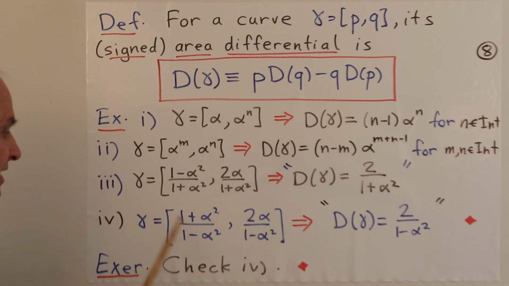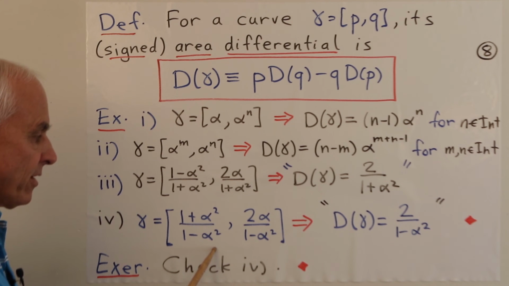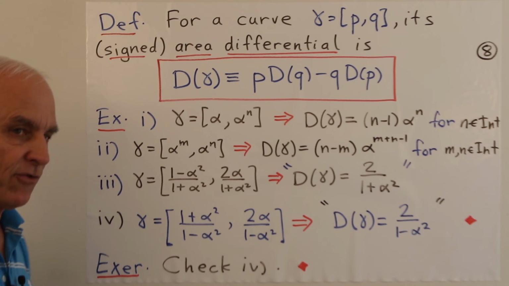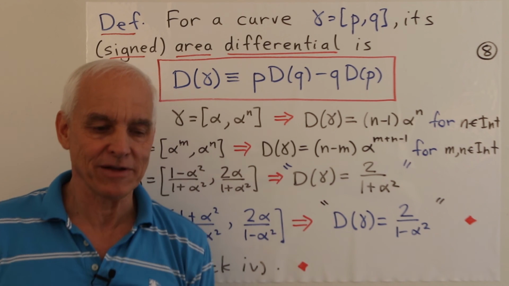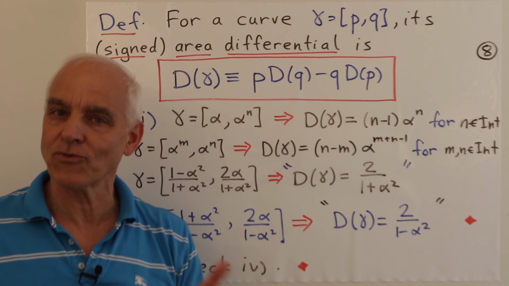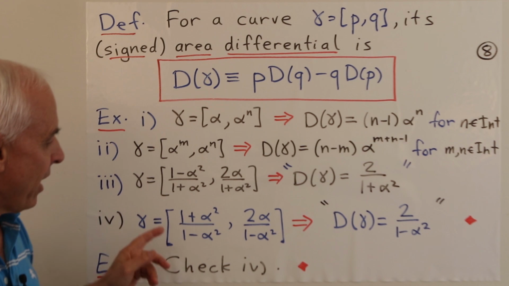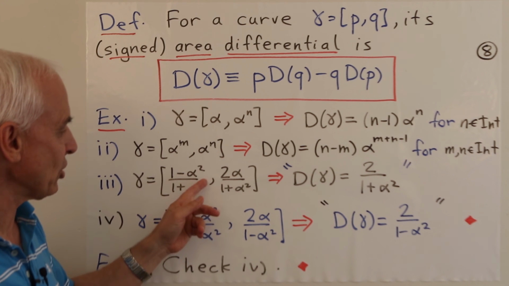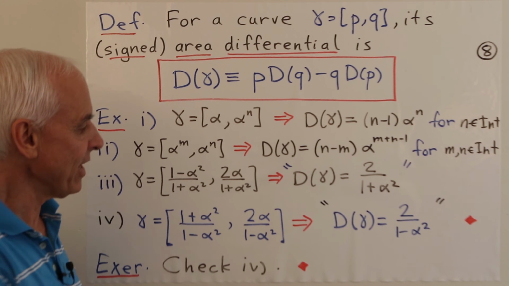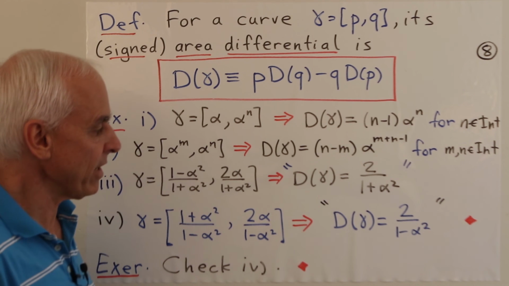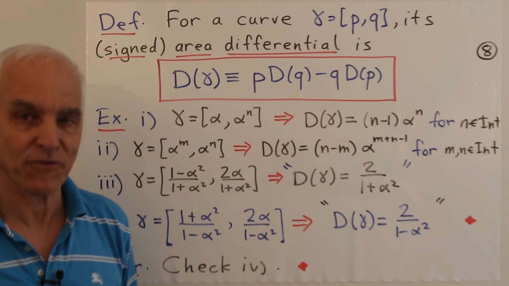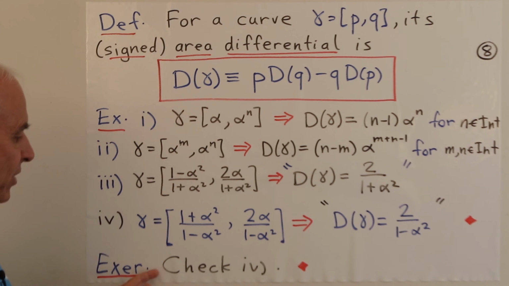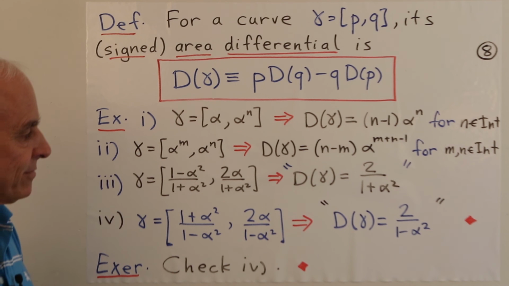So if gamma is equal to 1 plus alpha squared over 1 minus alpha squared and 2 alpha over 1 minus alpha squared, that's exactly that rational parameterization of the hyperbola x squared minus y squared equals 1 that we've been talking about. Then a computation, which is very much like this one, is that the differential of gamma equals 2 divided by 1 minus alpha squared. That's a good exercise to check that.